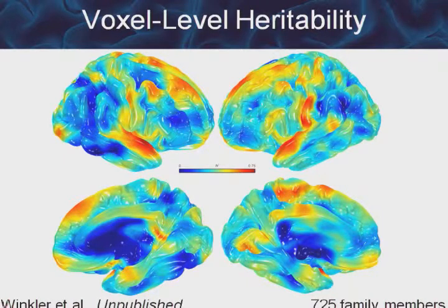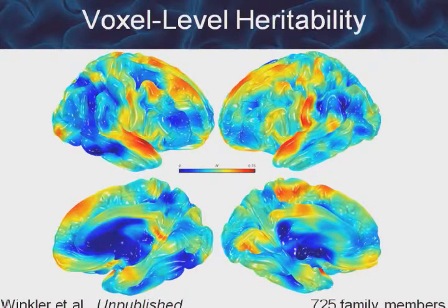The images look a little bit weird, primarily because I screwed them up when I stretched them a little bit, and I apologize for that. But the point being that this particular image could be replaced with any statistic that you output from SOLAR or from any statistical package. The question is, once you get it into a space like this, in this case a surface, are there then subsequent statistics that you're going to want to do in order to tell you what seems to be heritable and what doesn't?